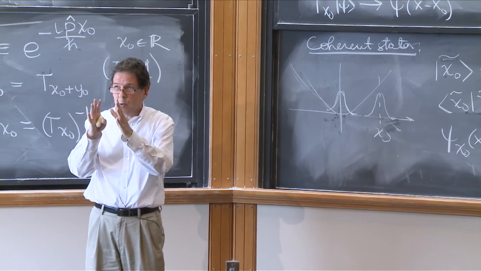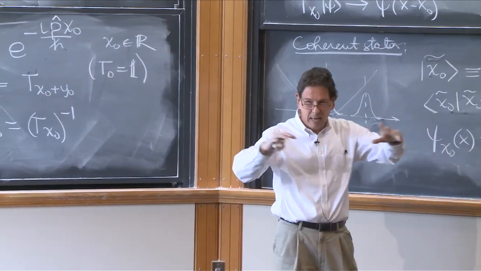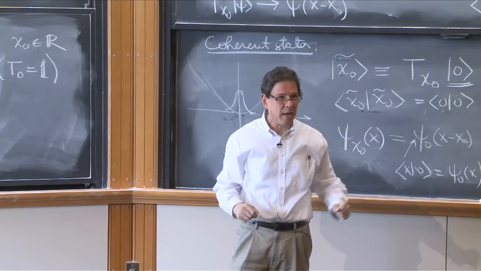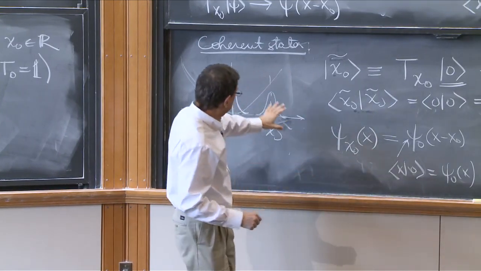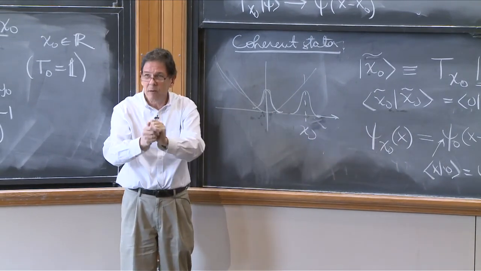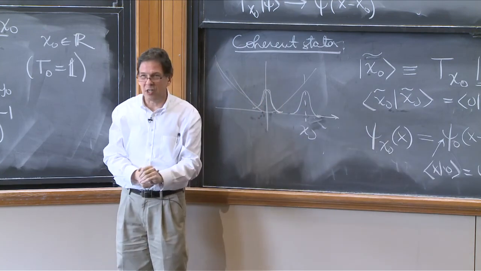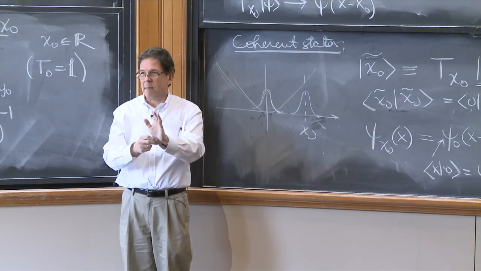And you've done things with non-energy eigenstates. As they evolve, they change shape. What we will see very soon is that this state, if we let it go, will start moving back and forth without changing shape. It's going to do an amazing thing.